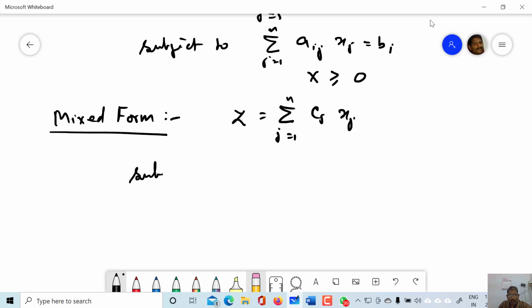Subject to, now this is a constant. So because you are mixing both of the cases, therefore you have to write both of the constants. The canonical form constraint was a_ij x_j should be less than or equal to b. Okay, for i equal to 1 to m.